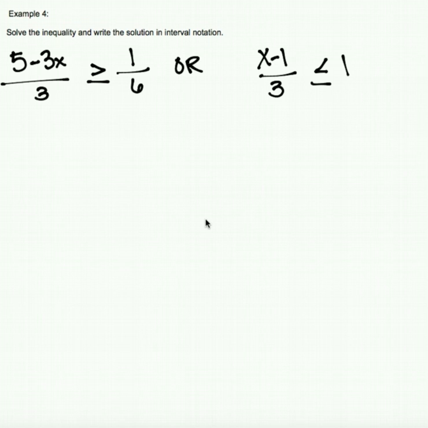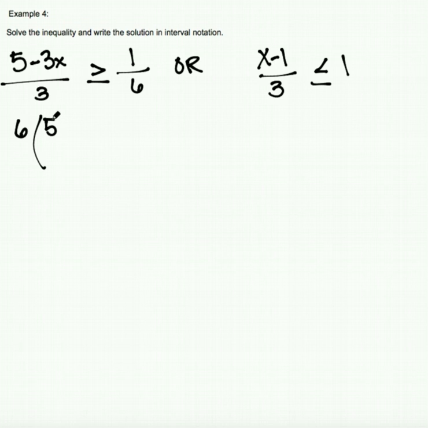So here we go. The first inequality, I have a denominator of 3 and a denominator of 6. I need to eliminate the fraction. So remember, I'm going to multiply by the least common denominator. In this case, 3 and 6, the least common denominator would be 6. So I'm going to multiply both sides by 6 so you can see what's going on.